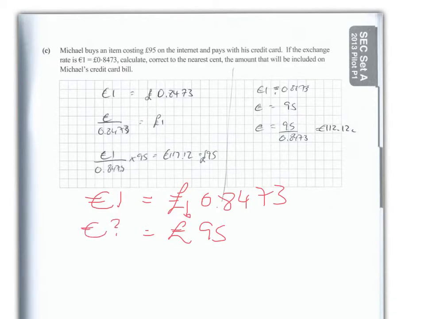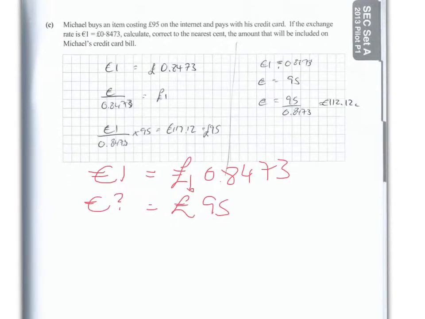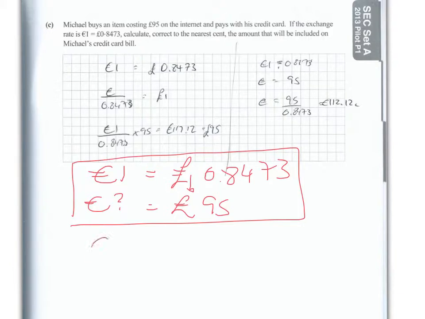Okay, so we've set up our mechanism like this. Okay, so we can cross multiply. We can just say what we're looking for in euros multiplied by 0.8473 is equal to 95, because it's 1 by 95.